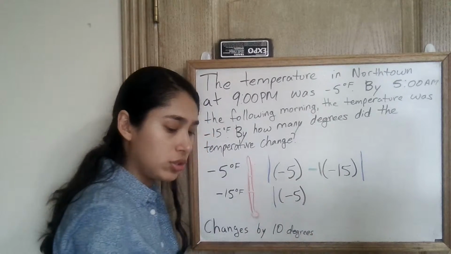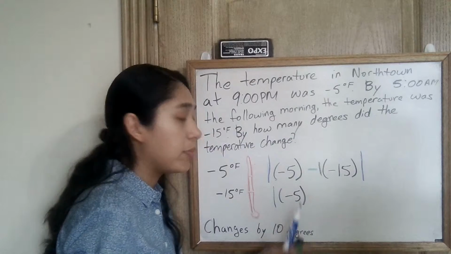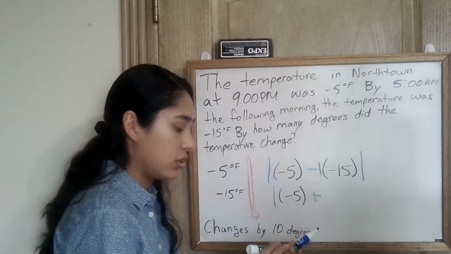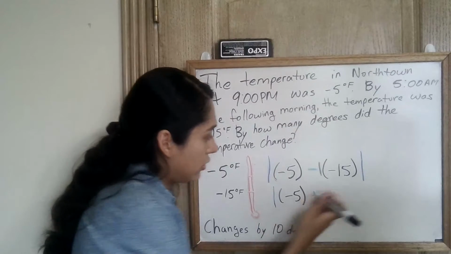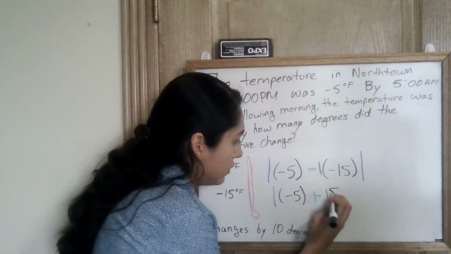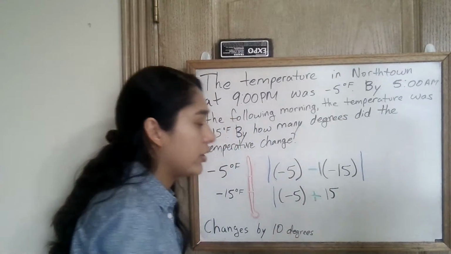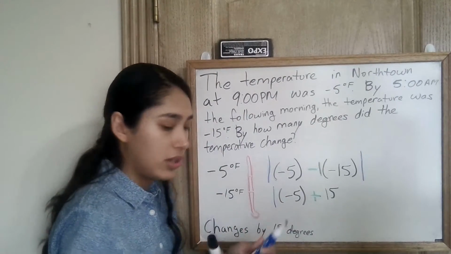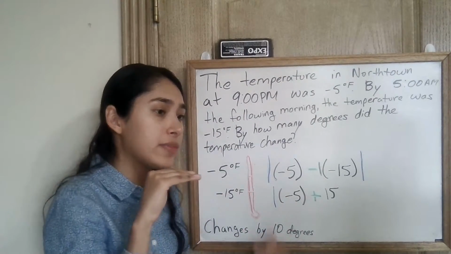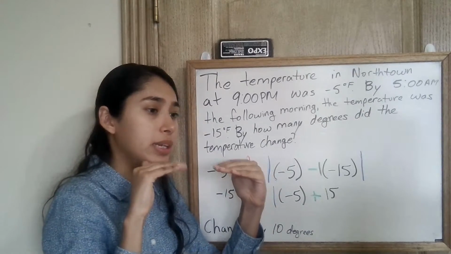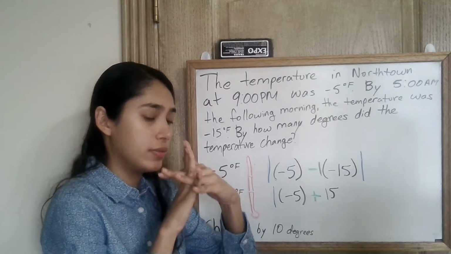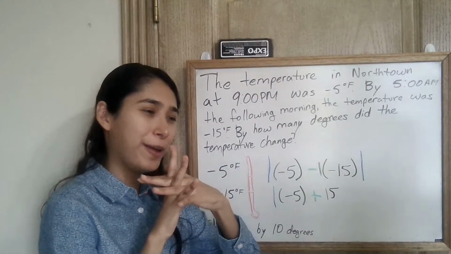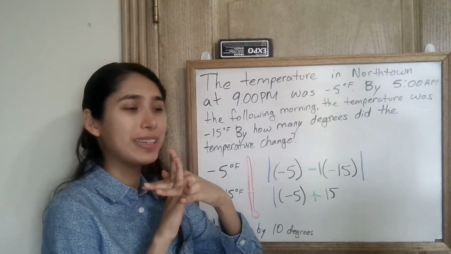So this is going to turn into a positive, or plus 15 in this case. Also, if you don't want to deal with multiplying or trying to remember what I said before: a negative and a negative become buddies and they become a positive. If you start doing this during the exam, they might look at you funny, but it's okay.